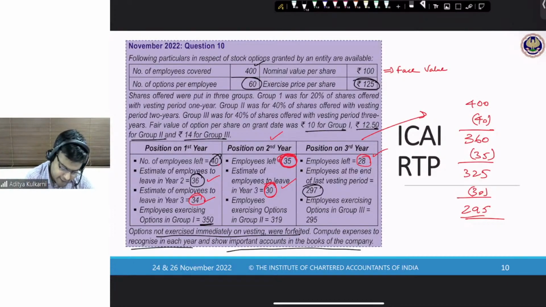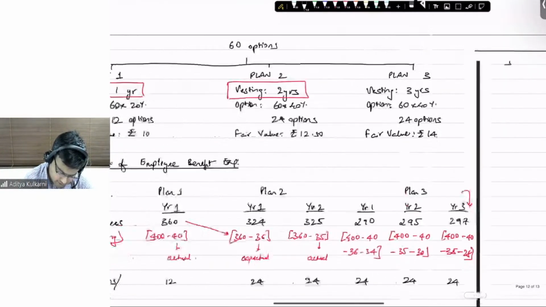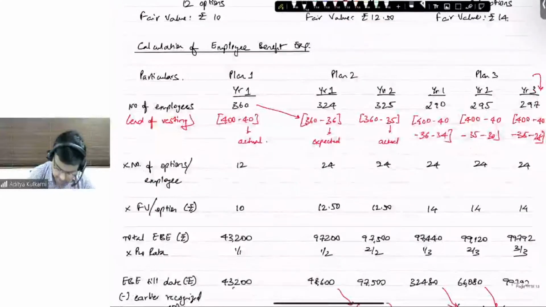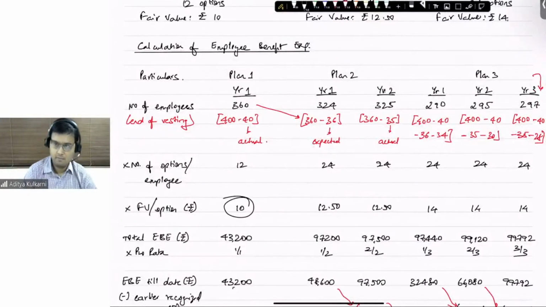If you look at my SBP reserve calculation in the employee benefit expense, I am ultimately multiplying it by 10. So this 10 is what has gone and sat in your SBP reserve. Now 350 employees have exercised, so this 10 is going to be utilized for that.